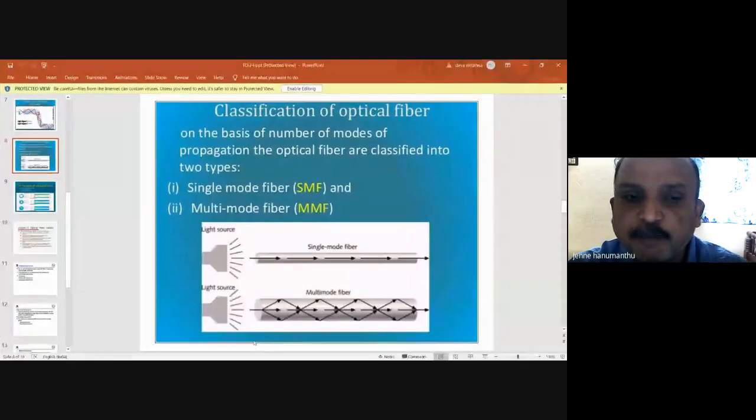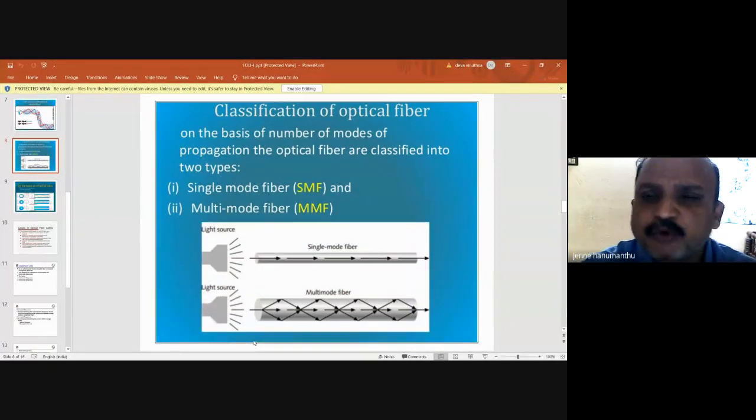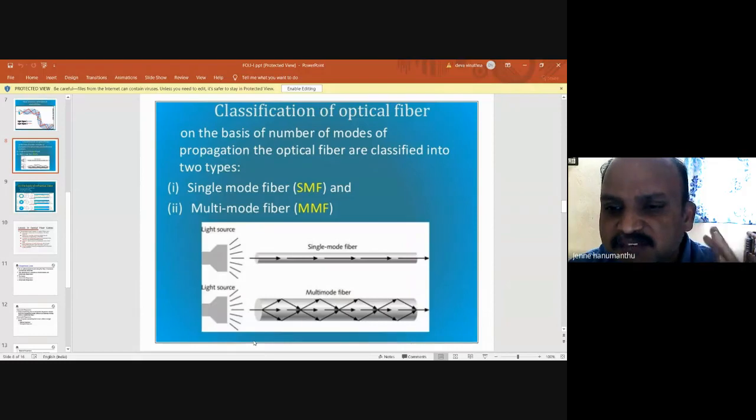When it is coupled to the fiber, that light may take a single path throughout the fiber for propagation. That is called single mode. Only one mode, one path is available.